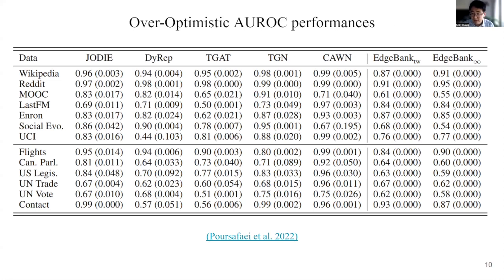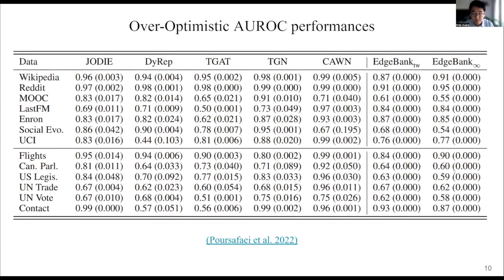In this table from previous work, you can see that many of the methods are above 95%, or at least above 90%. It shows that all these datasets seem to be performing really well for all the methods. That is a problem because it's very difficult to tell apart which methods actually perform better.